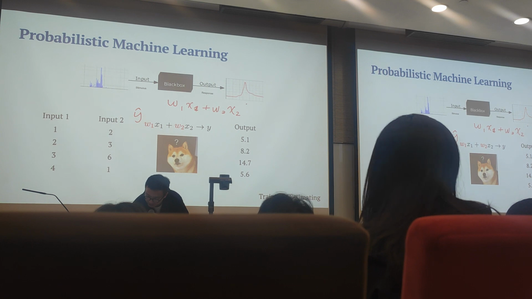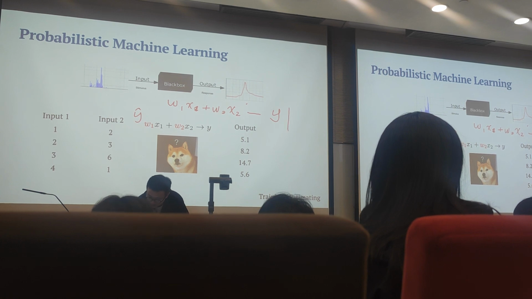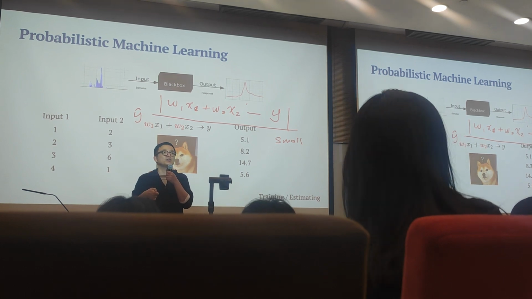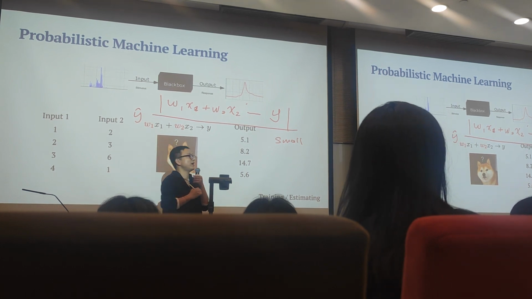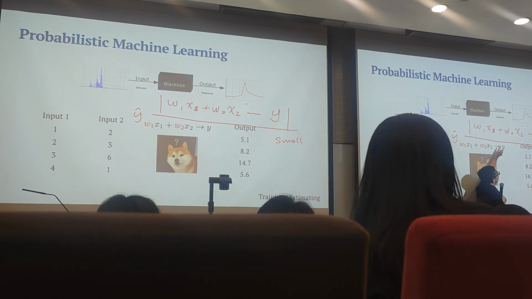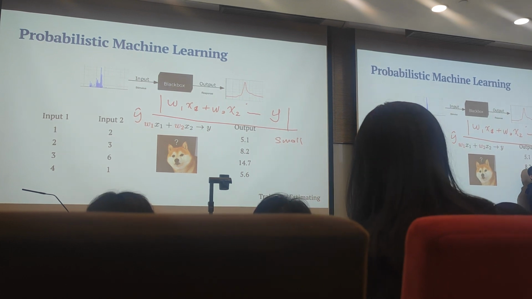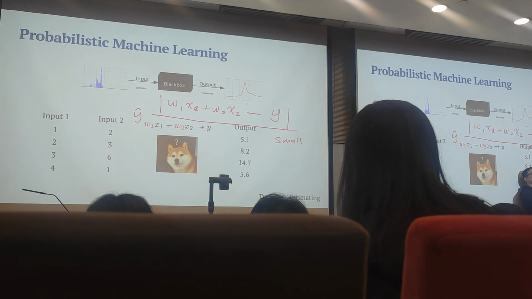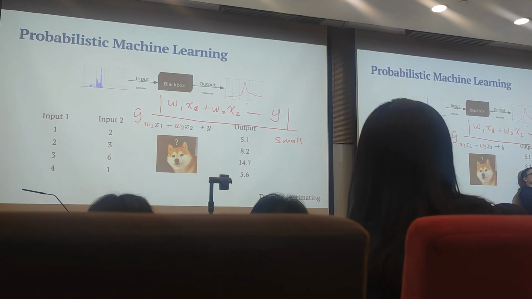And if it's minus y, this number should be really small, right? This is what you're trying to do there. When you're trying to find the best W1 and W2, you're trying to make this number small, right? Everyone agrees with that?